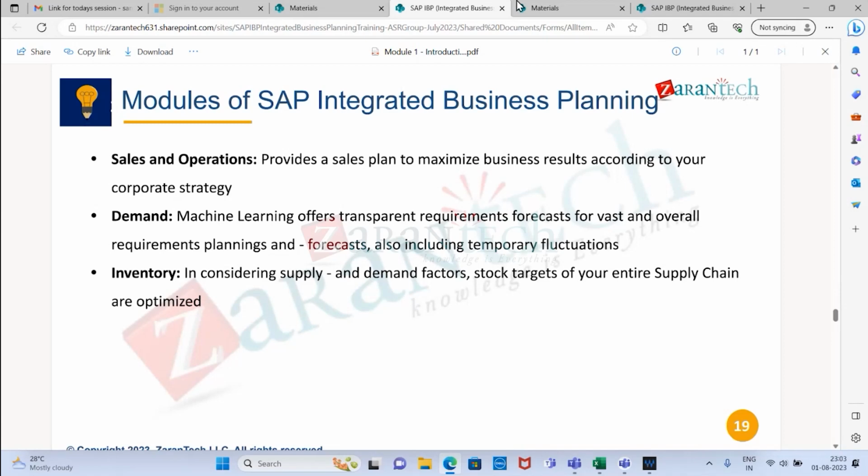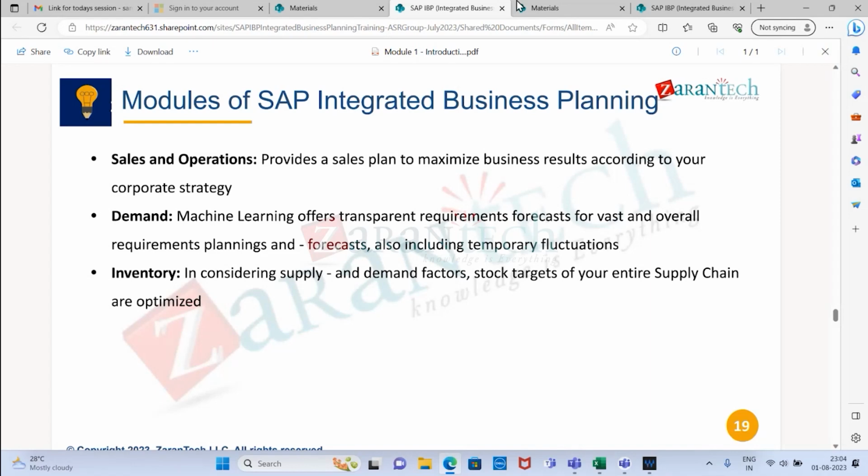So IBP basically provides a flexible solution, and as I explained to you in the example of the forecast being 100 pounds and the actual order received being 500 pounds, how flexible IBP is to incorporate the changes and push the requirements to the next level. So the key parameter for IBP is the response time and flexibility of the tool.